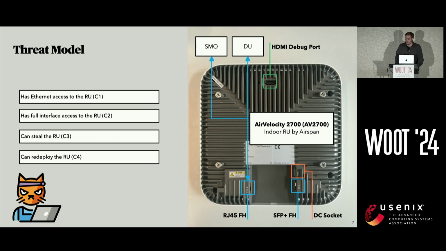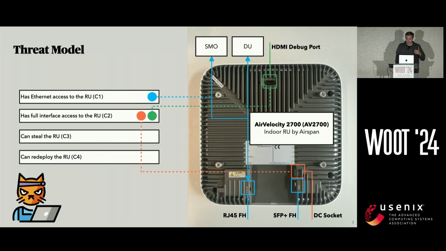on the C1 capability. Basically, in addition to the Ethernet access, the adversary might also be able to achieve physical access to the radio unit, and that would also yield access to the power socket and to the magic HDMI debug port on top.